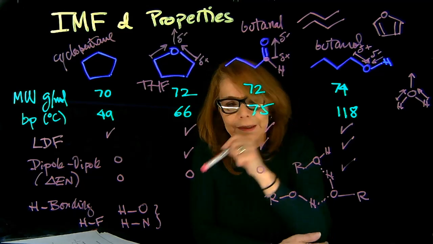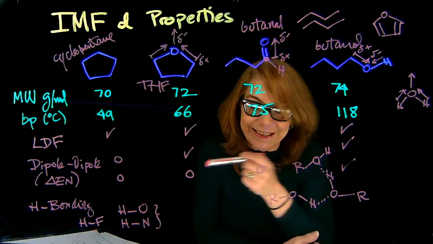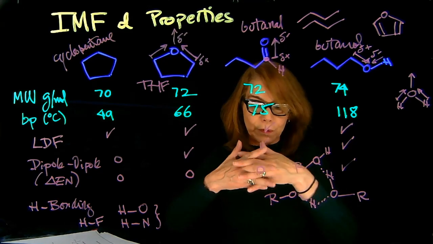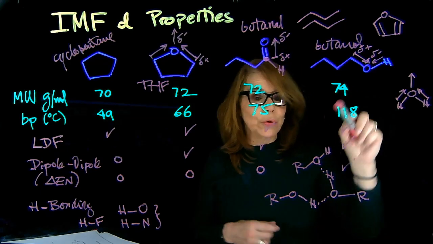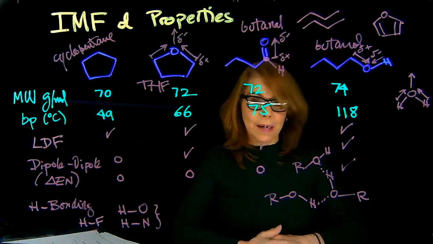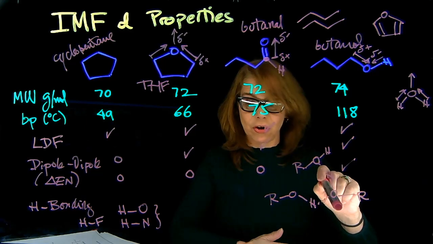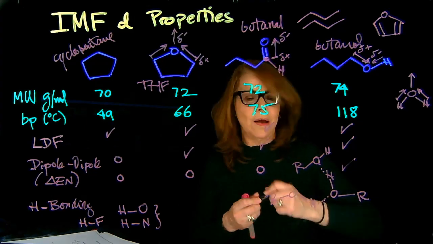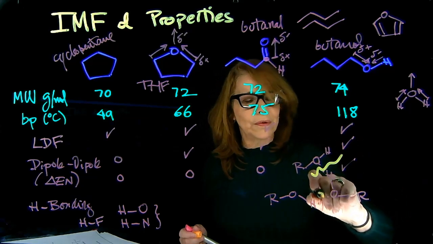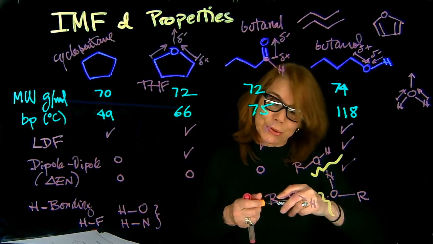Therefore, I need that higher temperature, more kinetic energy, for the molecules to break from the liquid to the gas phase. Lastly, here butanol, you have the three types of interaction, this being the strongest, and you require more energy to break those apart so that the molecules separate into the gas phase.